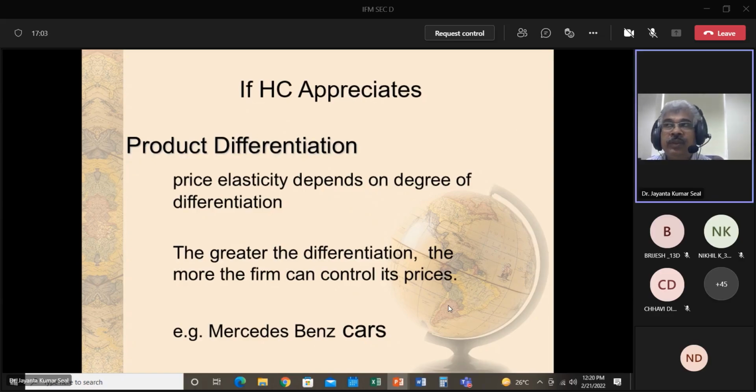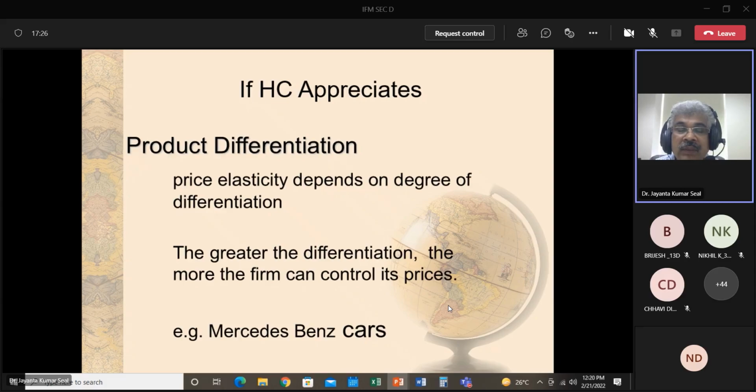So what are the options you have? One is product differentiation. So price elasticity depends on the degree of differentiation. If your product is something unique, we have already discussed. So the greater the differentiation, the more the firm can control its prices, because you can always say that your product is unique, your company is unique, which Mercedes-Benz does, or maybe BMW does.